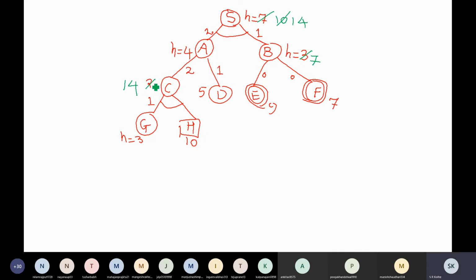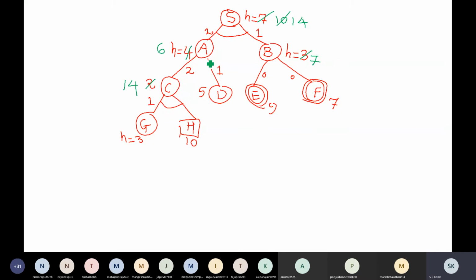Because of that, the cost associated with A will change. What will be the new cost with A? This is OR, so either this or this. This is 16, this is 6. 6 is better because this is an OR node. So instead of 4, the new cost is 6.